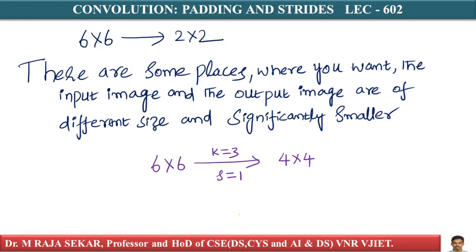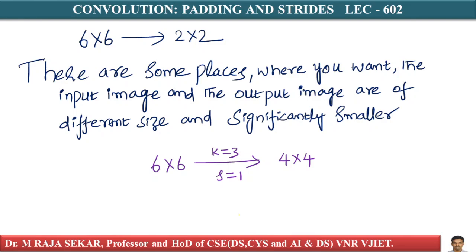We will see why strides are useful in convolutional neural networks when we build a full-fledged convolutional neural network. Strides and padding are simple concepts that we will leverage when we design convolutional neural networks.